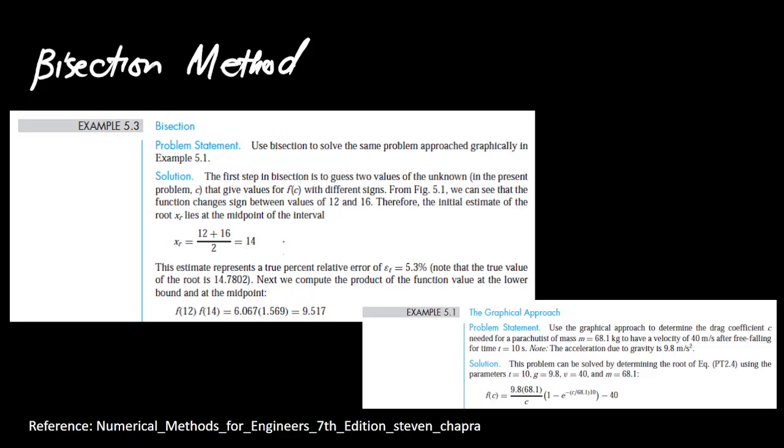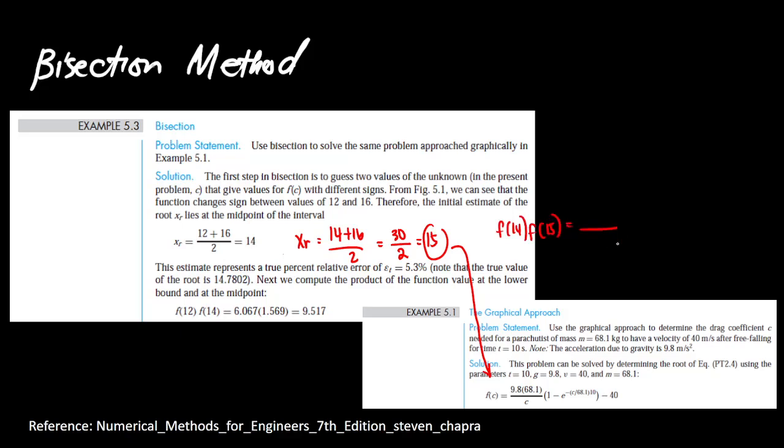So let's say now your x sub r is 14 plus 16 all over 2. That is around 30 all over 2, which equals 15. And that 15 is substituted again to this equation. Then you multiply it with f of 14, so f of 14 times f of 15.